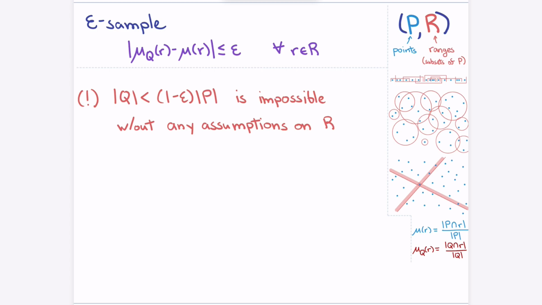R can be one point, but that would actually be okay, because mu would be 1 over N, and then mu sub Q could be 0. So one is actually okay. I want to show that if Q is smaller than (1 minus epsilon) times P, there must be some range I screw up. So the claim is that if I don't make any assumptions on R, then this is impossible.